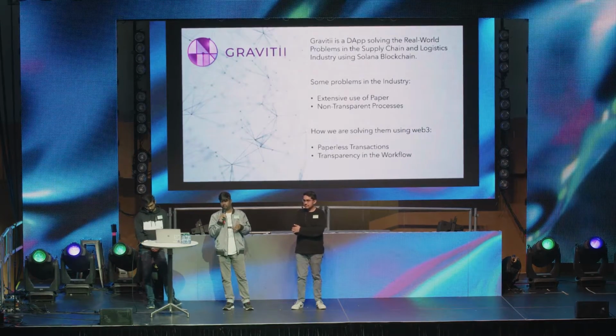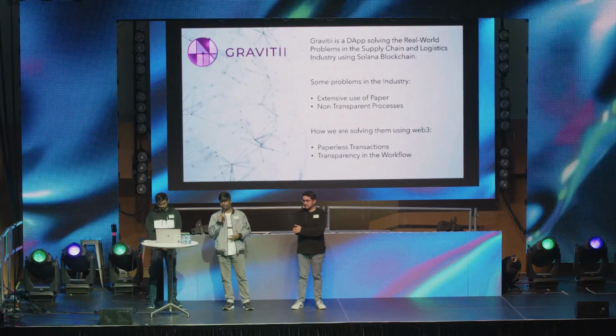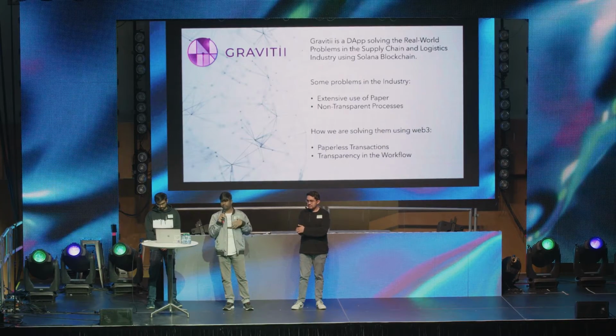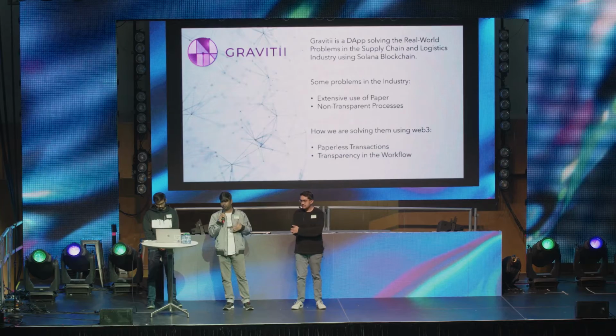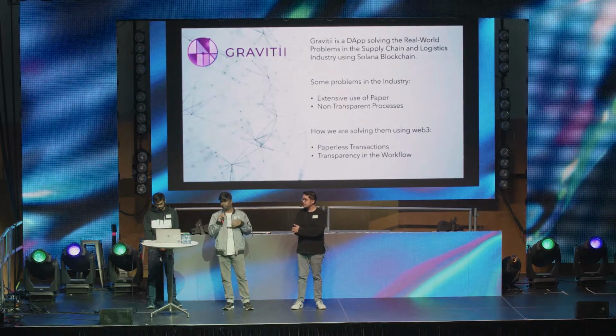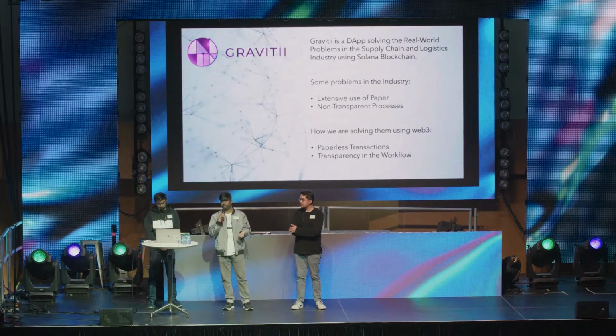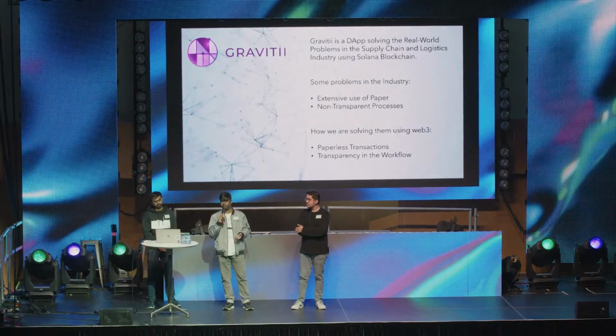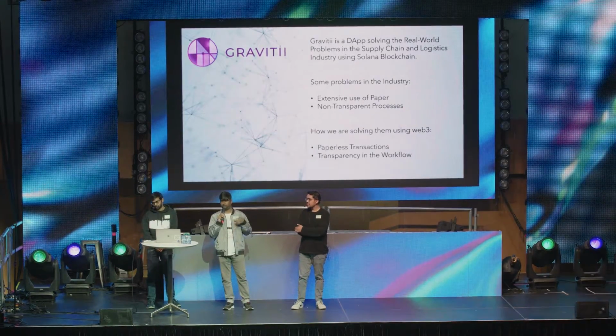So we thought we would bring this on chain to reduce the paperwork for a sustainable future. And the second problem that we face on a regular basis is non-transparent tracking or workflow.